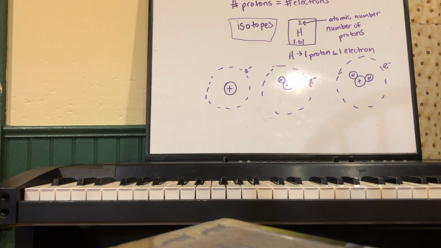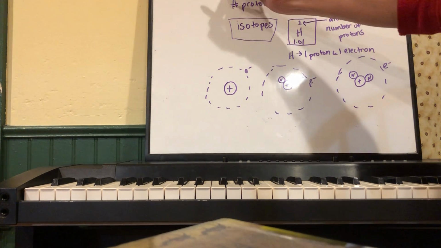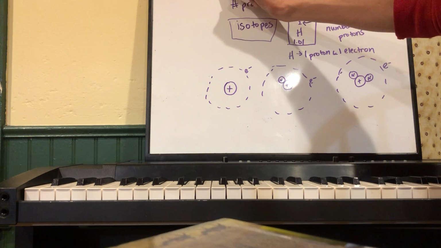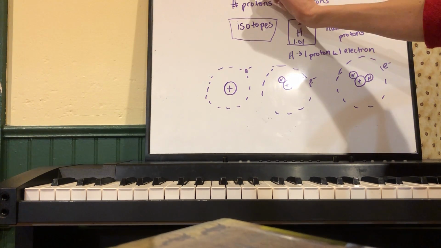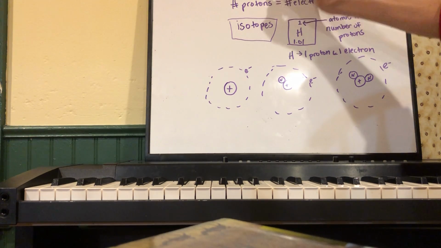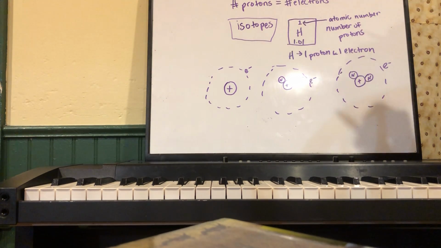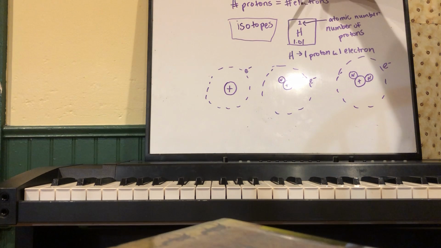Okay? Now, the book talks about one other thing. This other thing that we need to know and understand is something called a mass number. Okay, so remember the atomic number. The atomic number is this number up here at the top in the periodic table, and that's the number of protons.